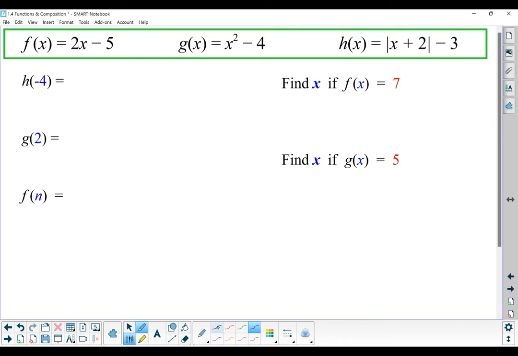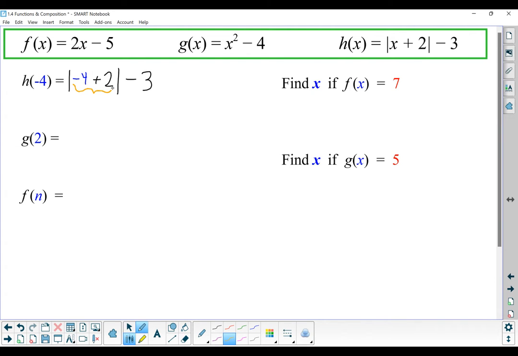So if I want to know h of negative 4, I'm going to use this absolute value function. It's the absolute value of the input plus 2 and then subtract 3. And the input that we're using is negative 4. If you aren't familiar with how to evaluate something like this, absolute value brackets work as a grouping symbol.